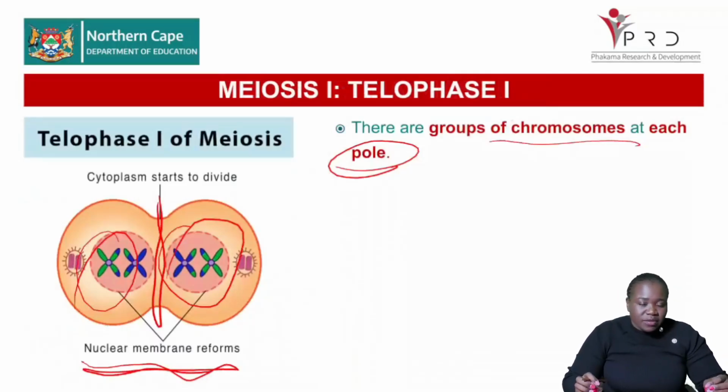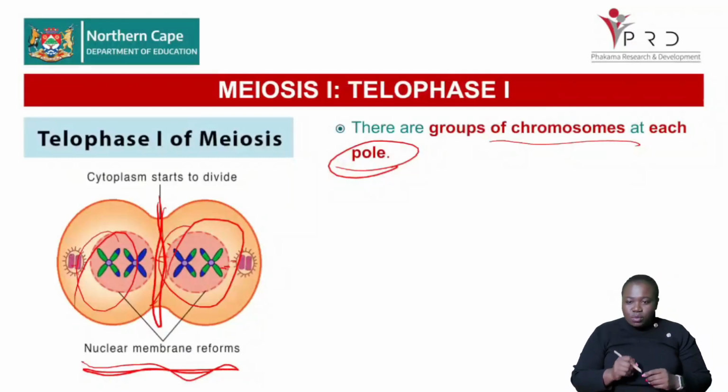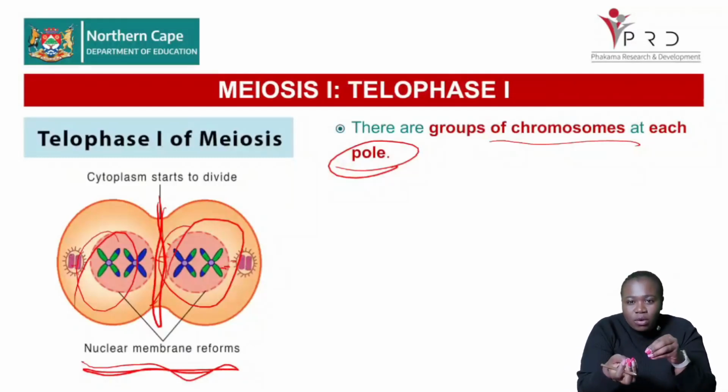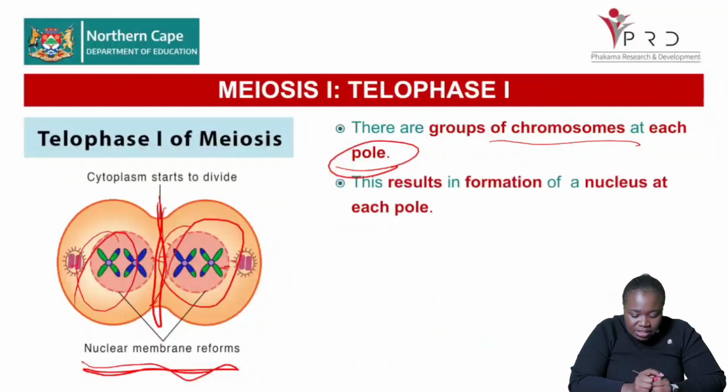Once the cytoplasm divides, it means that we are going to end up with two cells, which each have two chromosomes. We started off with 4 chromosomes in the cell. Now we have 2 cells with 2 chromosomes each. It means that the 2 cells have shared this genetic material with each other, and now the chromosome number within a cell has been halved.